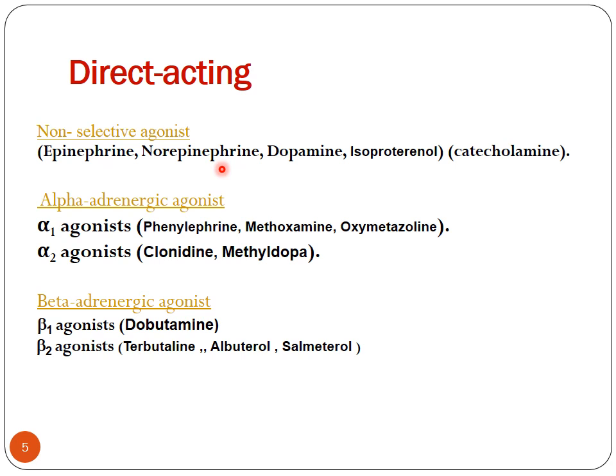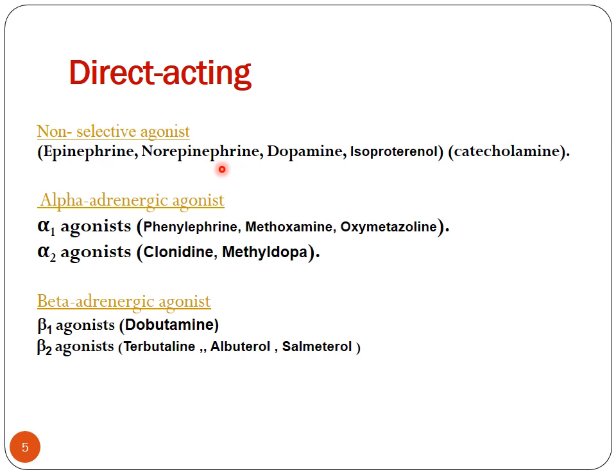While noradrenaline, or norepinephrine, is another catecholamine, non-selective sympathomimetic. The important feature about noradrenaline is that it has higher affinity to alpha 1.